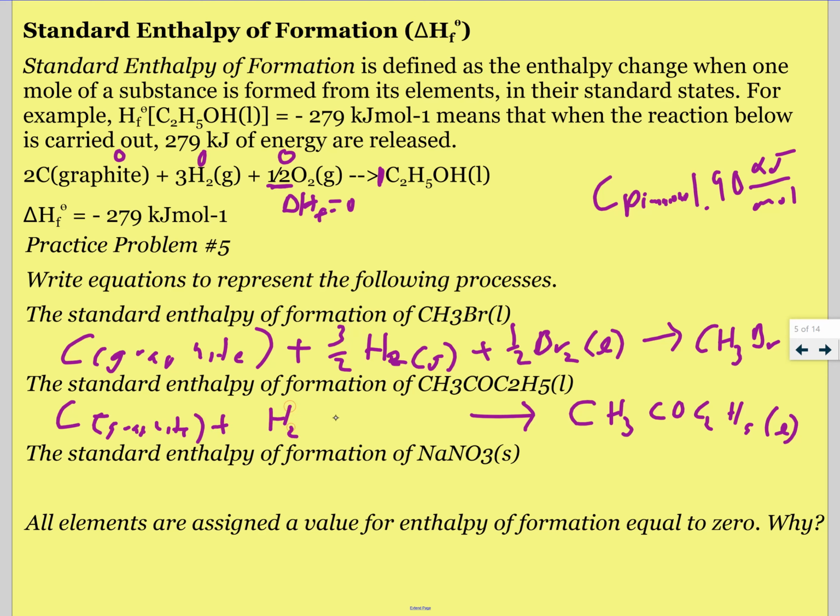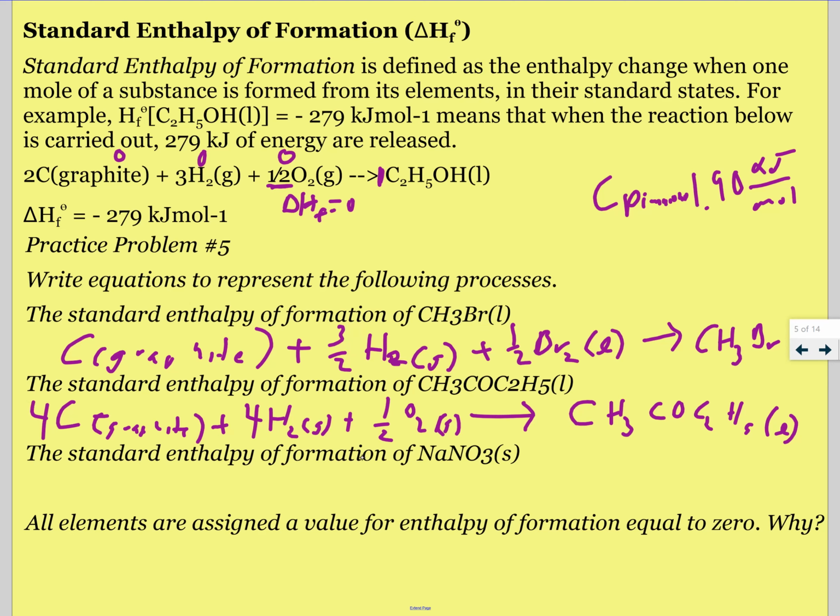Got some hydrogens again, the gas state, and oxygen in the gas state. Looking on the product side, we have 1 oxygen, so I'm going to need to put in a 1/2 there. We got 3 plus 5 hydrogens, so that's an 8, so I need a 4 here. 1, 2, 3, 4. 4 carbons, so 4 there.